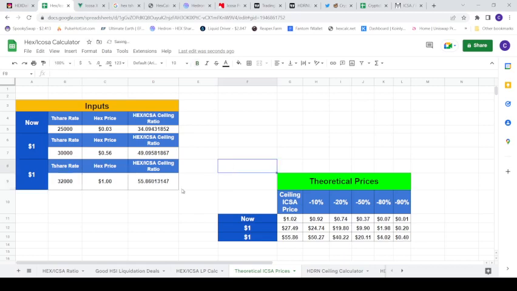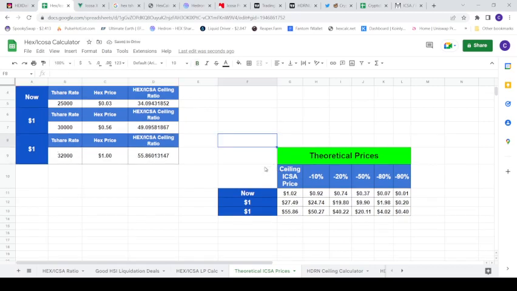and HEX at $1. As you can see, right now the ceiling price for Icosa is $1.02. I think it's slightly higher than that. And then these are basically percentages under the ceiling price. So this would be the top, and then these are all the percentages going down.